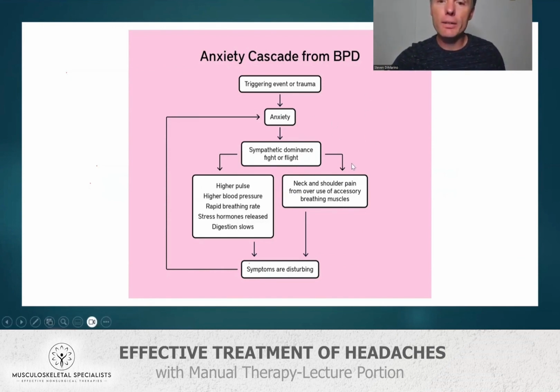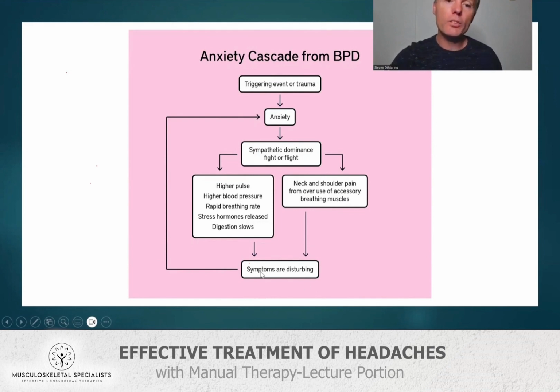Okay. So now you're in fight or flight. Neck and shoulder pain, overuse of the accessory breathing muscles. That's the SCM, traps, scalenes, those things. These symptoms are disturbing because you have the symptoms from the last chart and you have anxiety. So what is that going to do? It's going to give you even more anxiety. And now you're going to get even more in fight or flight, more sympathetic dominance. And now your neck and shoulder is going to hurt more, and around you go.